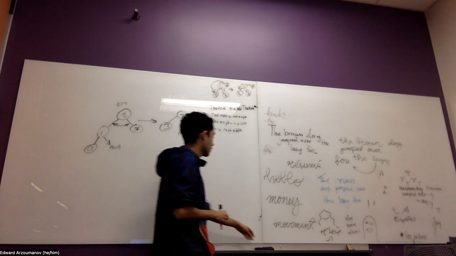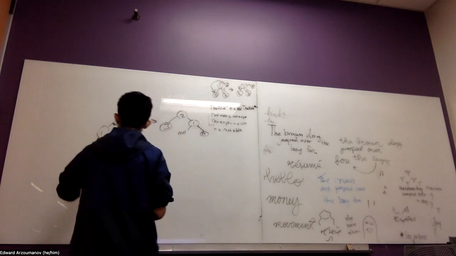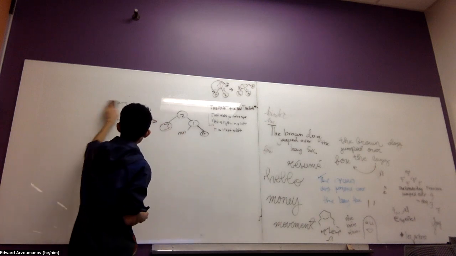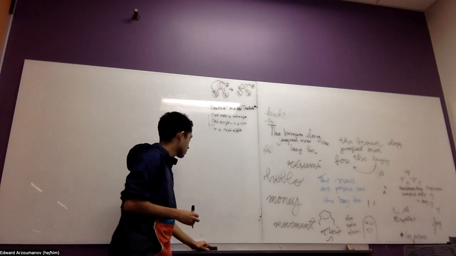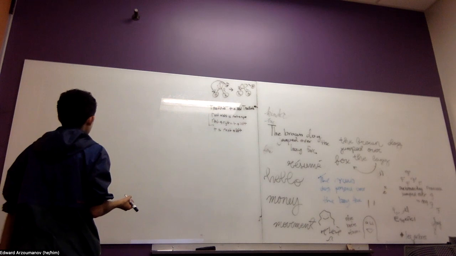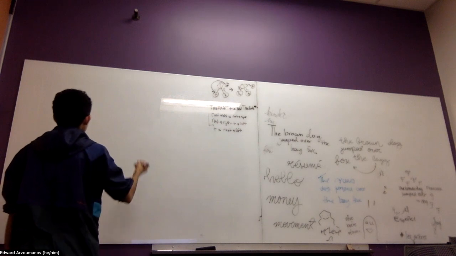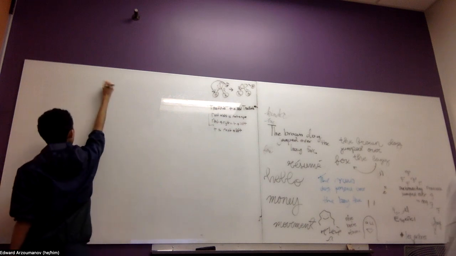I'm going to erase the example tree, and I'm going to start writing my pseudocode. Okay, cool. So I think the easiest way to do this would be to have two functions.